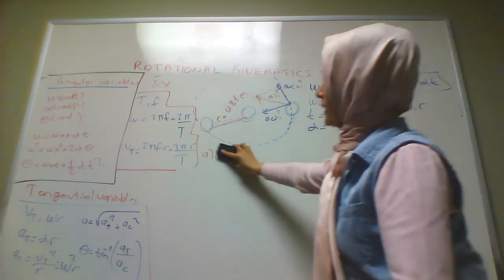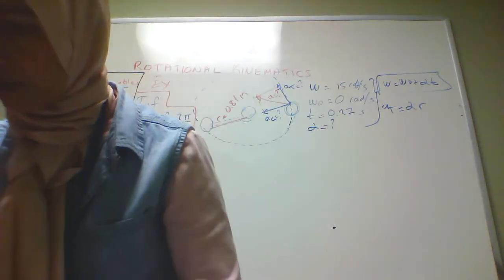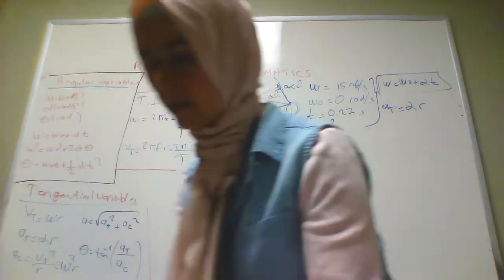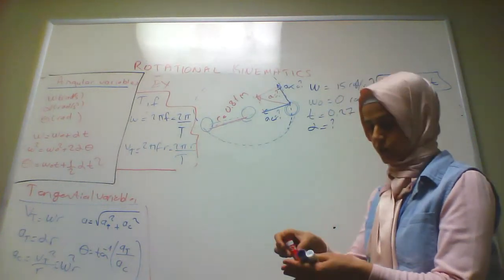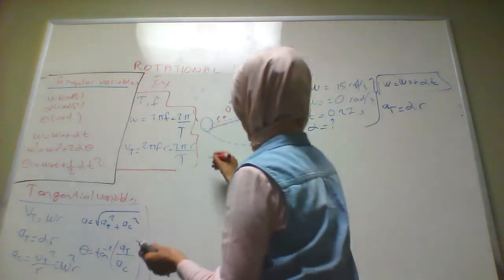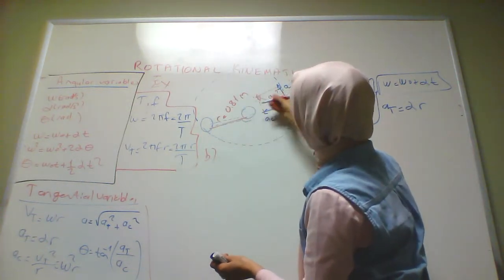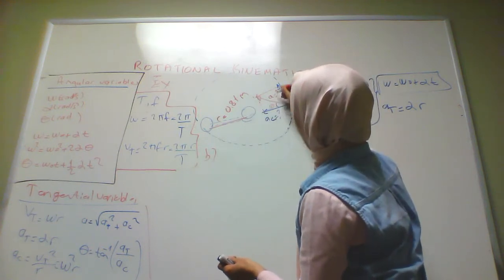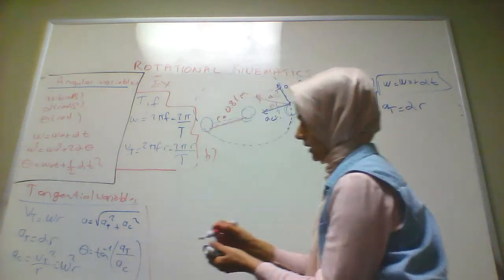Now part B is asking us what is the direction. Let me read it actually. What is the angle a total acceleration makes with the radial direction? That's what B is asking us. What is the angle in between the radial direction, which is this, towards the center along the radius, and acceleration, theta, which is the thing I have given in here.